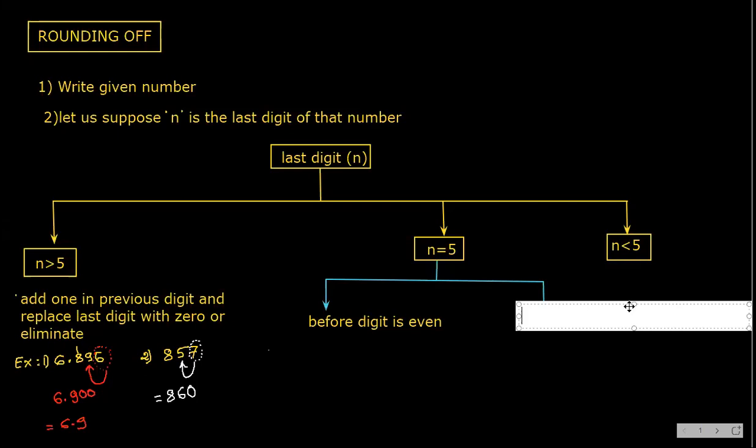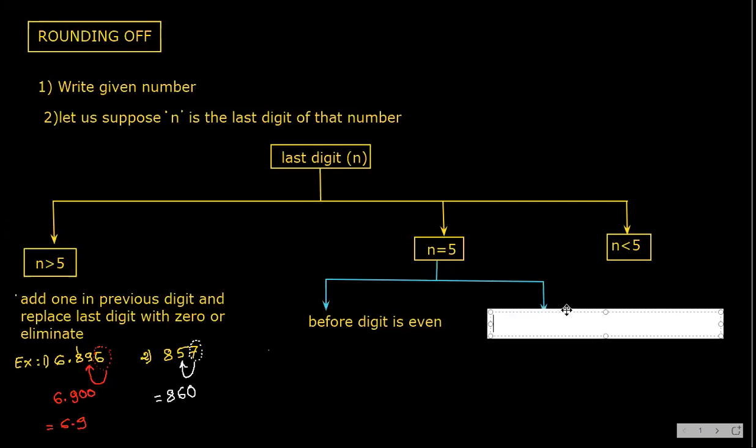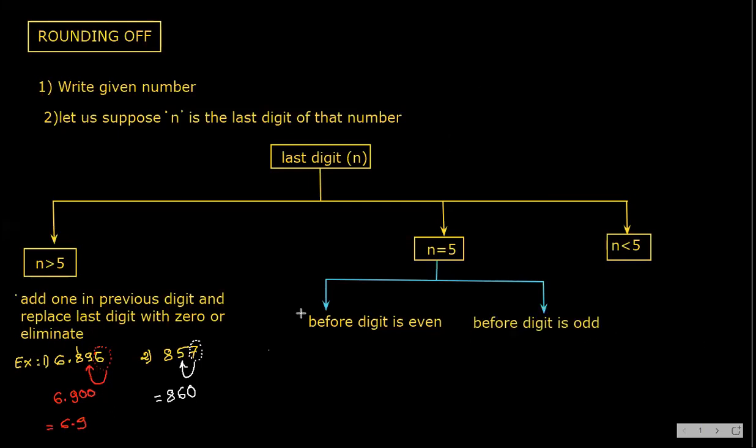And here, another one, before digit is odd. So before digit is odd. These are the 2 possible cases. Now what will we do? See here, before digit is even, before digit is odd. These are the 2 cases.